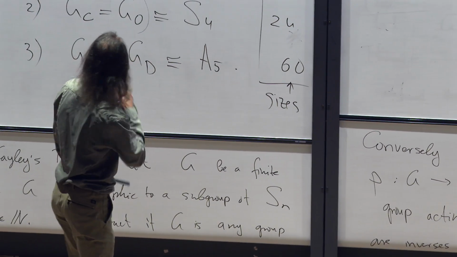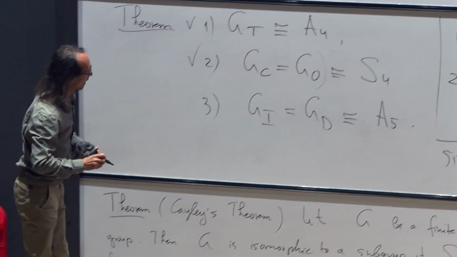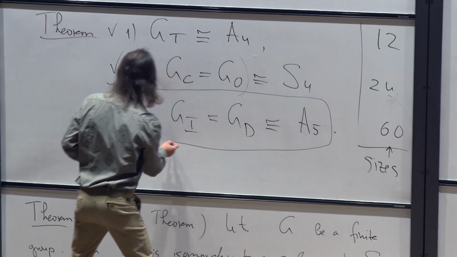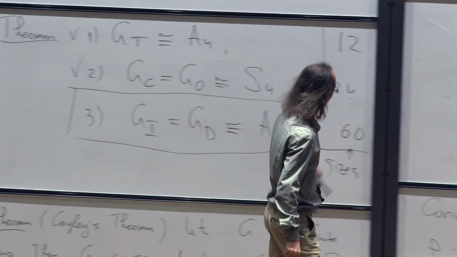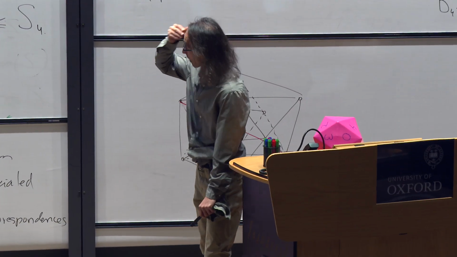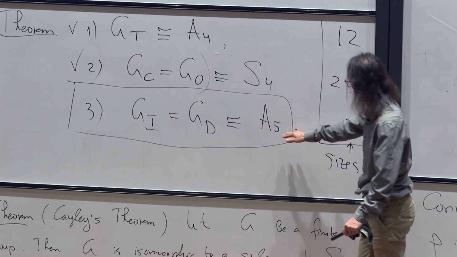Okay. So now we are done with 1 and 2, and it's a lot more interesting what happens for the icosahedral group A5. We certainly know that they have the same size. We computed the number of rotations of the icosahedron using the orbit stabilizer theorem.